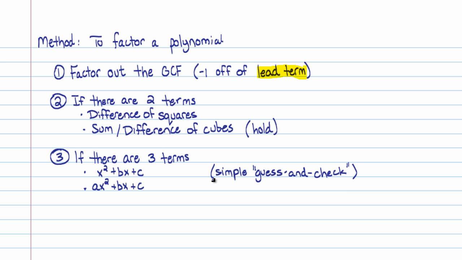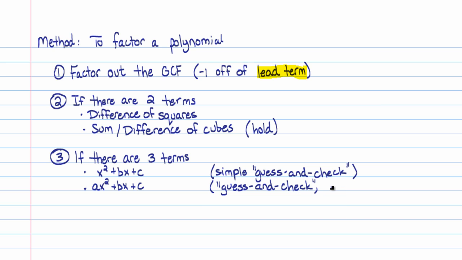There are a lot of different methods. In order of what I think is the best way to tackle these, I would start with a guess and check. In other words, I would try to factor that trinomial just by guessing at the factorization.